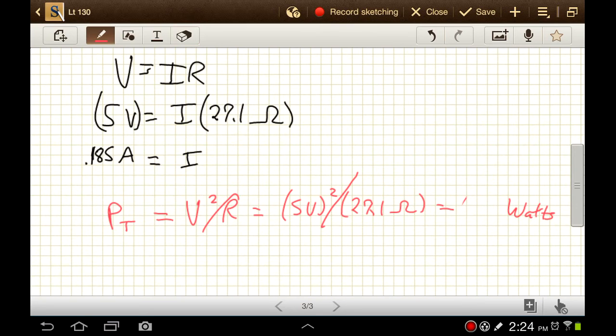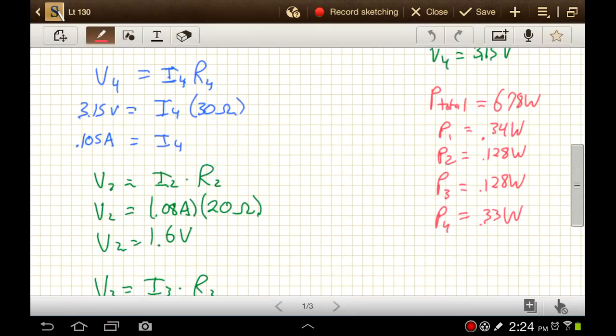Okay, so replace that there. And you'll notice here that we get about 0.3 plus about 0.3 is 0.6, a little more than that, plus 0.128 plus 0.128, we're at about 0.9. So if you take all these powers and you add them up, you should get the total power, which is when I realized that something was messed up there. We didn't have something that made sense there.